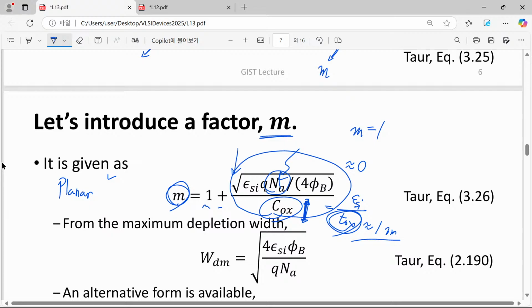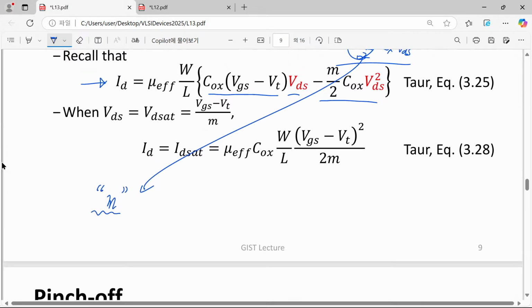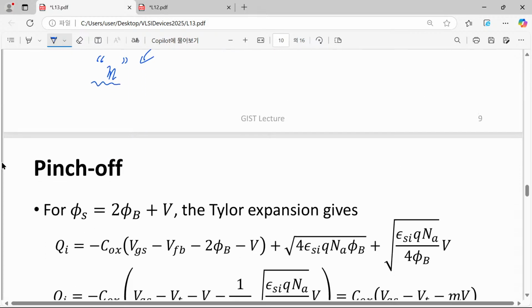Then how close? Close means 1.2, 1.3. This is the value we have seen in our previous technology called planar MOSFET. So this excess value can be just about, roughly speaking, 0.3. This is the case. So now let's come back to our previous example here.